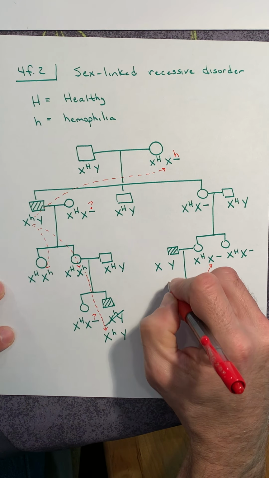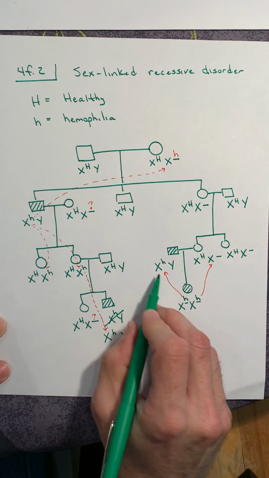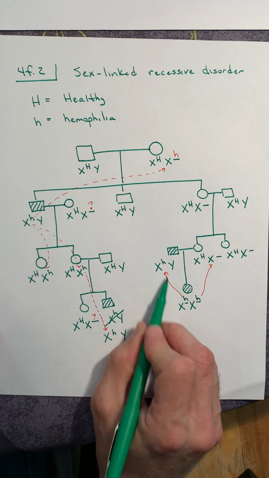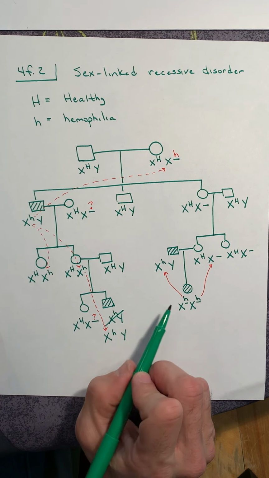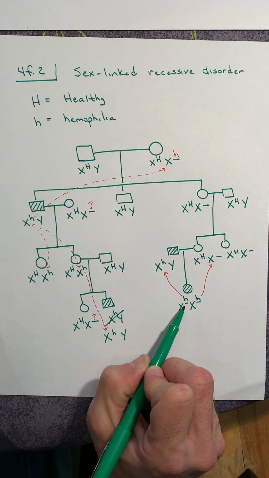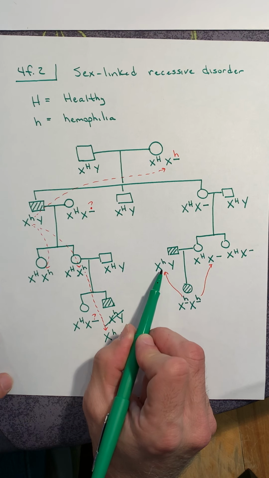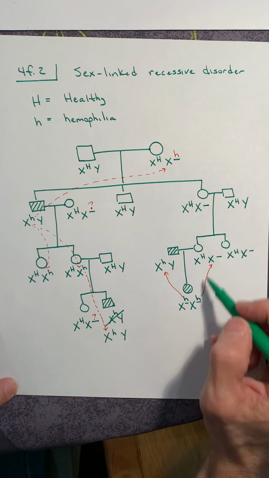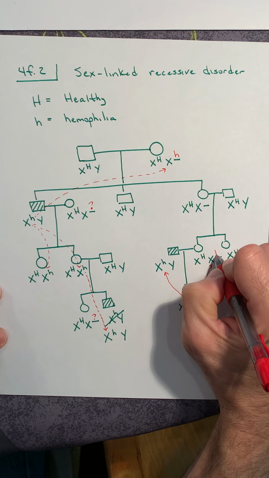Here and here. Well, we already knew that her biological father was a hemophiliac. That's where she got one of her X's. So whenever a female is hemophiliac, her biological father had to be a hemophiliac, whereas the other allele came from this female here, her biological mother.